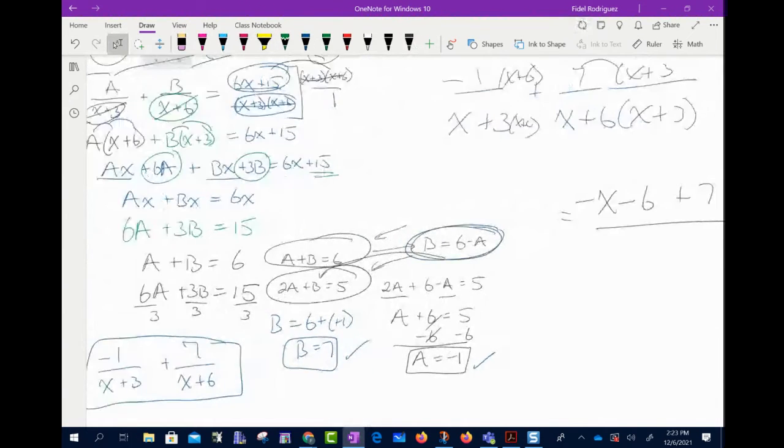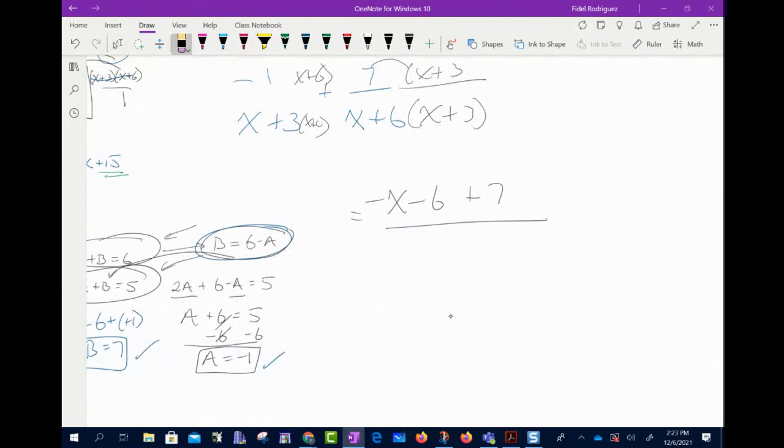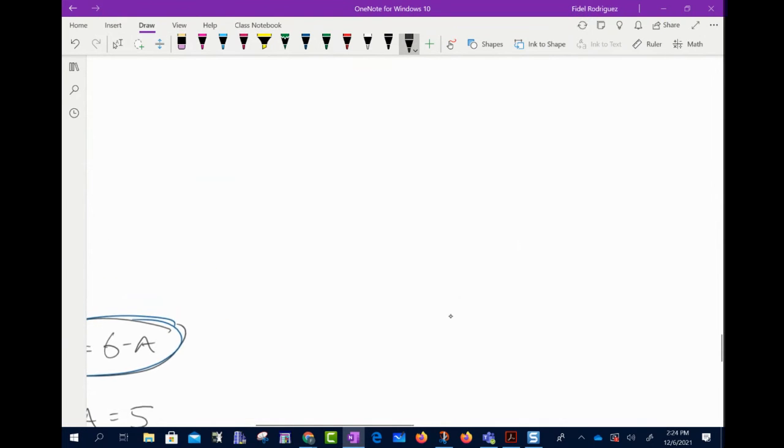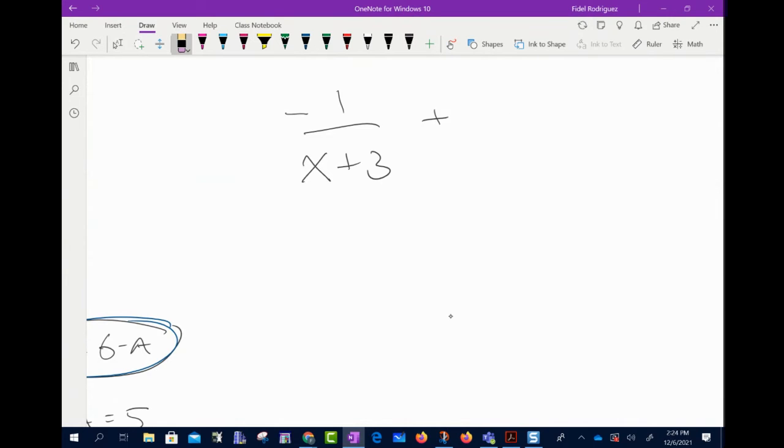Isn't that what I put though? Yeah, but remember now. So look, I'm sorry, let me come back here because I am going too fast. So the original answer is -1 over x plus 3, right? Plus 7 over x plus 6, right?